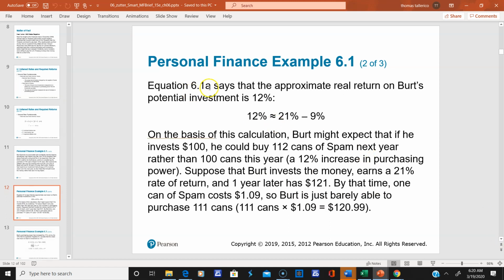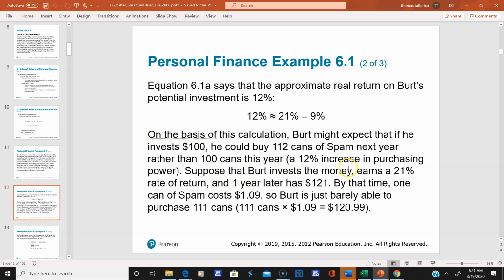So equation 6.1 says the approximate real rate on Bert's potential investment is 12%, right? So 12% is roughly 21% minus the inflation rate of 9%. On the basis of this calculation, Bert might expect that if he invests $100, he can buy 112 cans of Spam next year rather than 100 cans this year, a 12% increase in purchasing power.